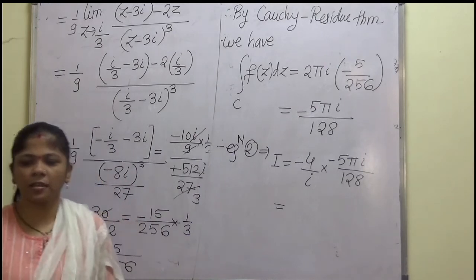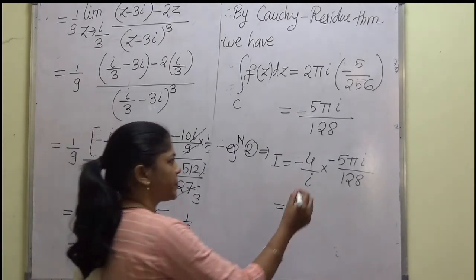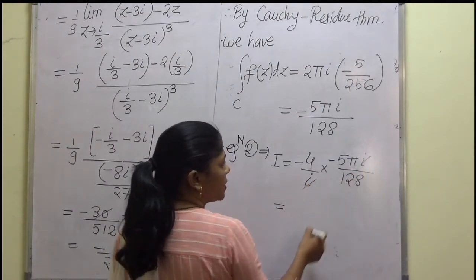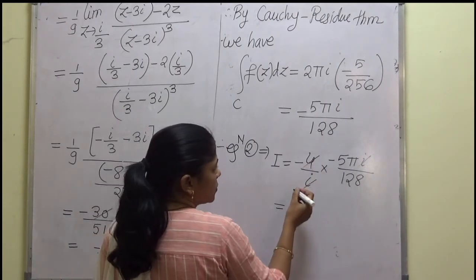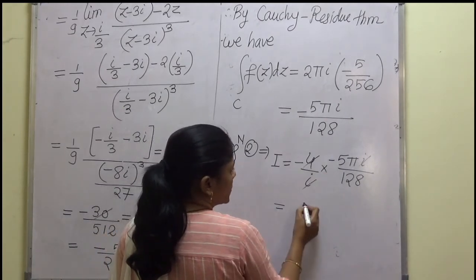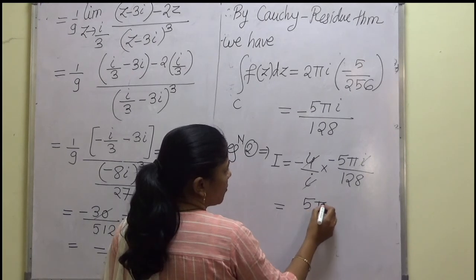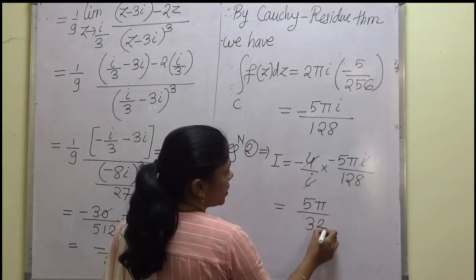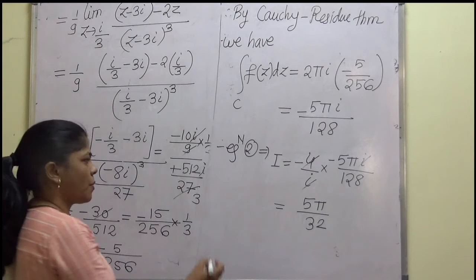Simplify this, i will get cancelled, and you will get 5 pi by 32. So this is the required answer.